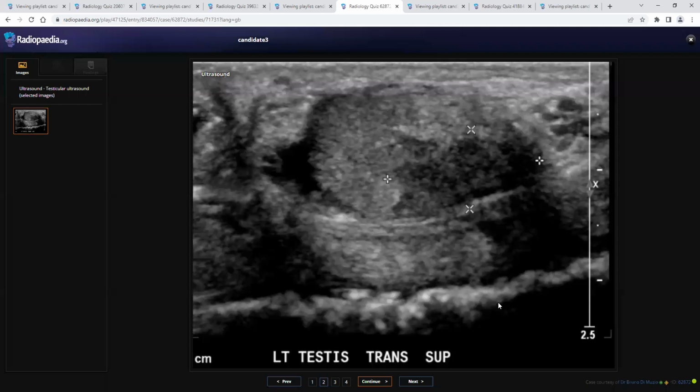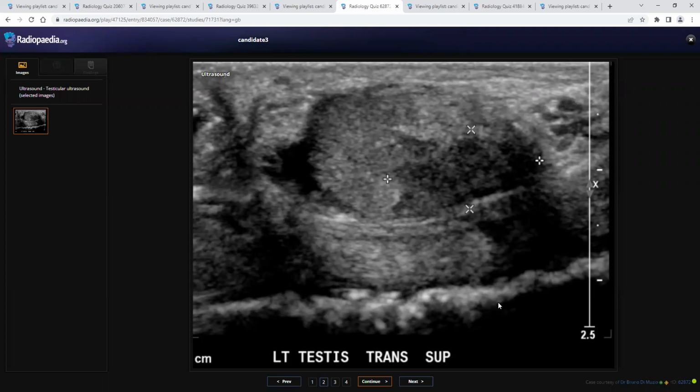I would like to assess with color Doppler to assess the vascularity of the lesion. There is an irregular margin. It is within the testis, and I cannot see any gross hydrocele or any adjacent abnormality.